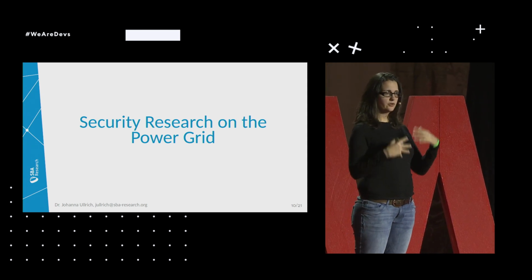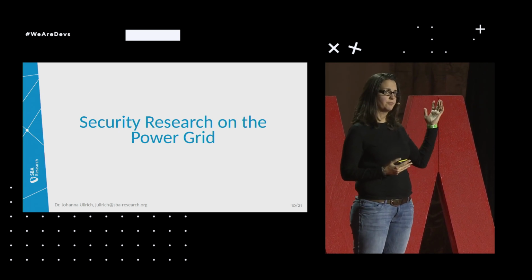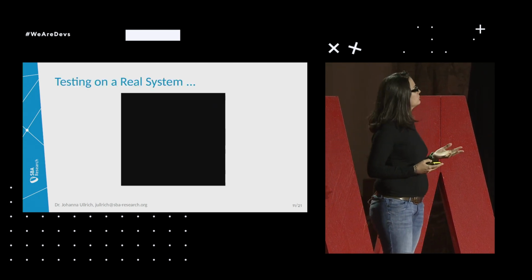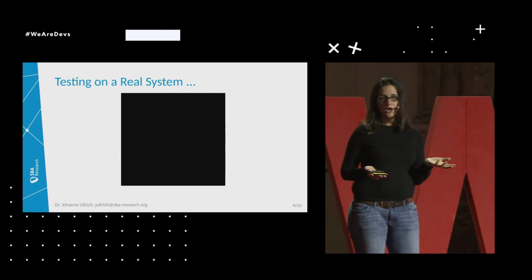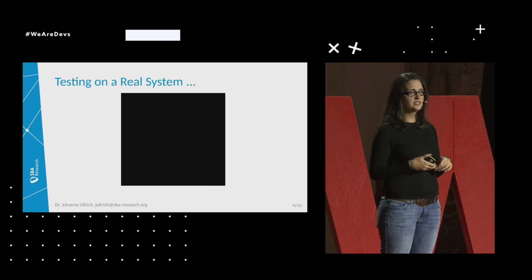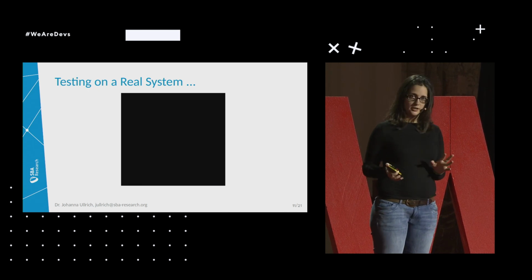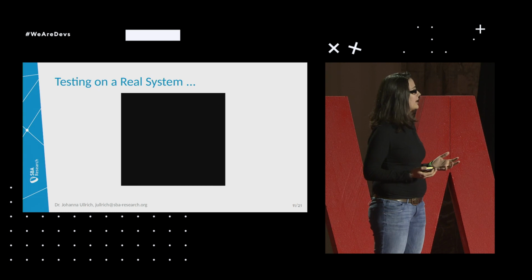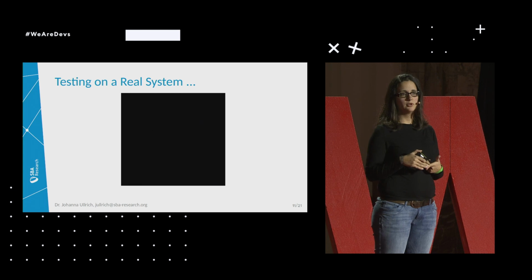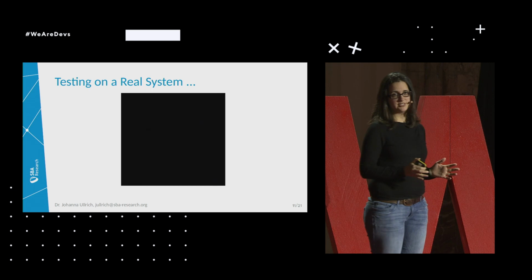So if we want to evaluate attacks against such an infrastructure like the power grid, we will hardly be allowed to test on the real systems, for very obvious reasons. First, there are a couple of millions of people connected to the power grid who will fairly be unhappy with what's happening there. Second, it's really expensive and painful to restore its functionality, so actually it's not a good system.